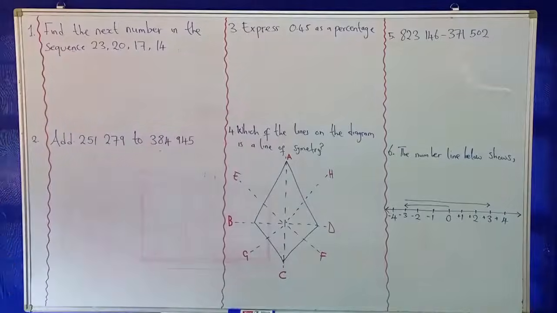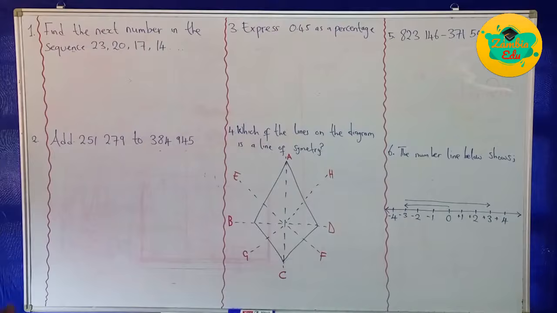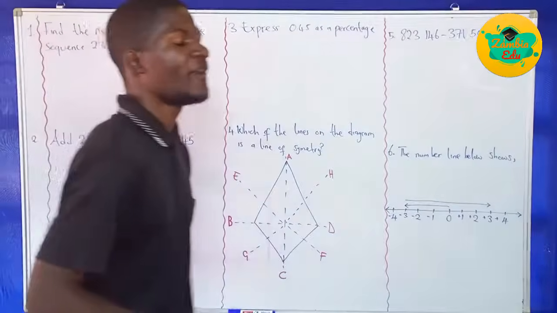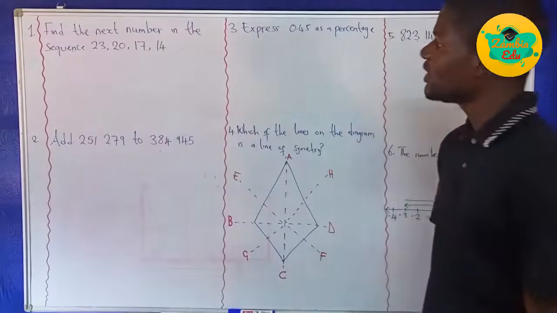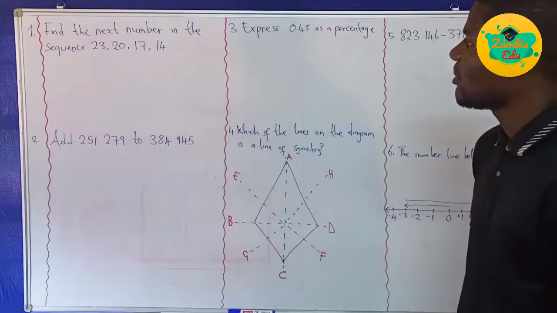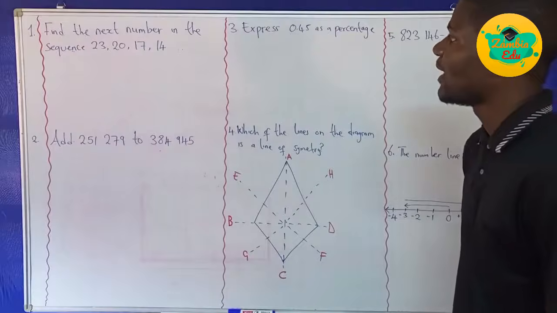Question number 1 in the 2016 paper said, find the next number in the sequence 23, 20, 17, 14.